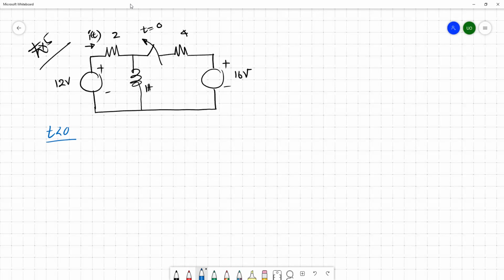So what happens at t less than 0? This switch was at on state. When we deal with t less than 0, the switch was at on state. So then we have these 2 sources in the circuit.